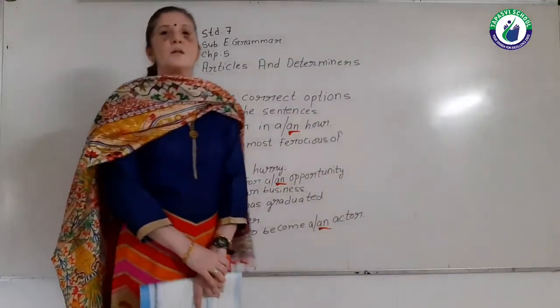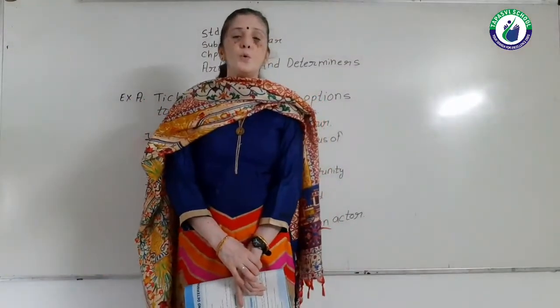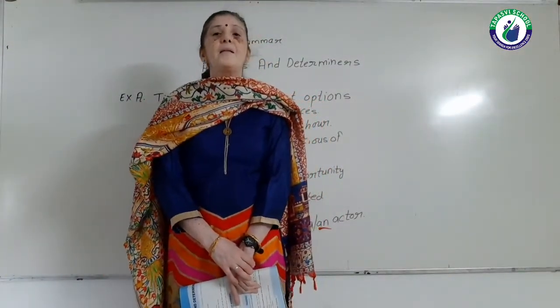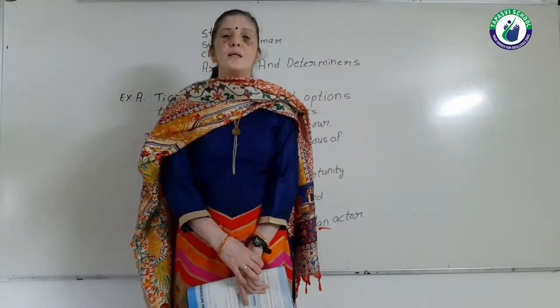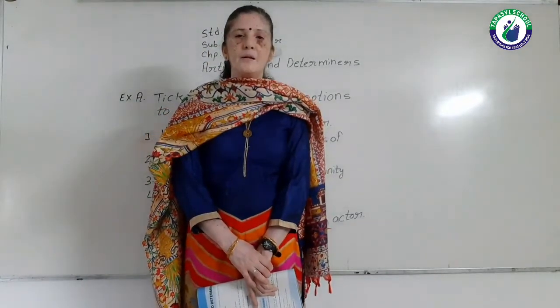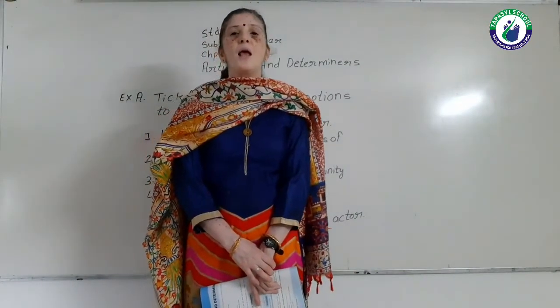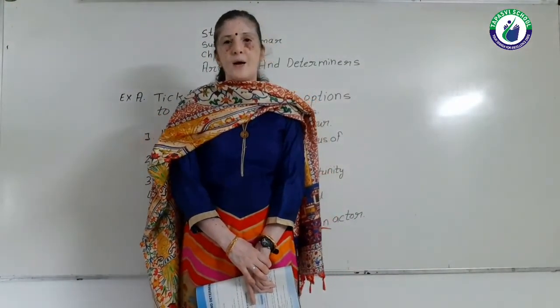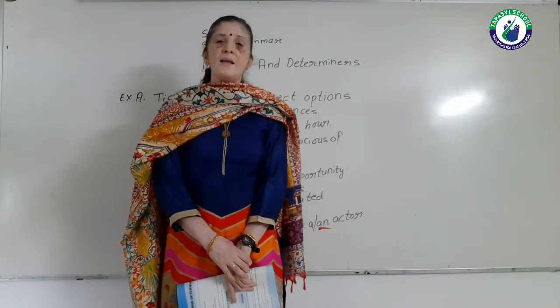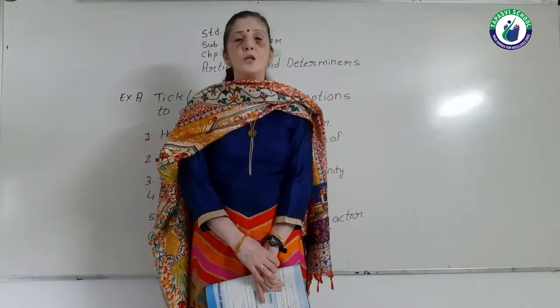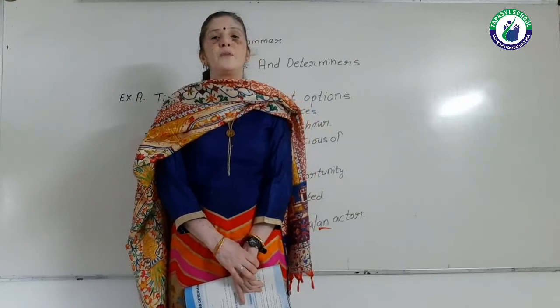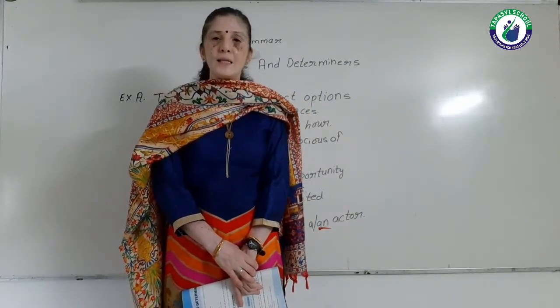So students, today we have learned the use of "a" and "an". Right? "A" is used with a singular countable noun which has a consonant sound. And "an" is used with a singular countable noun which should start with a vowel sound.